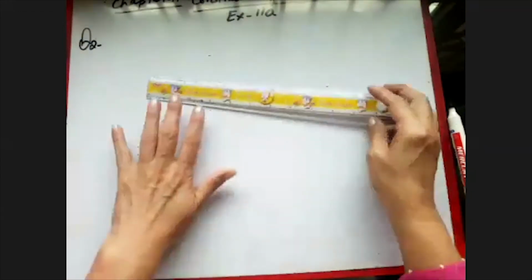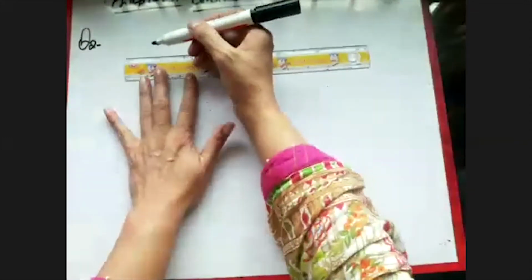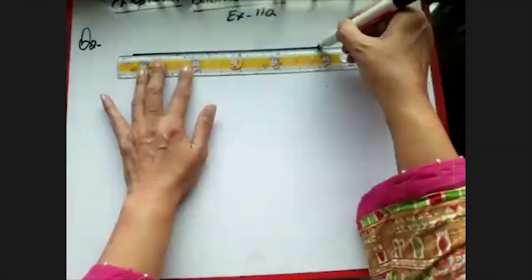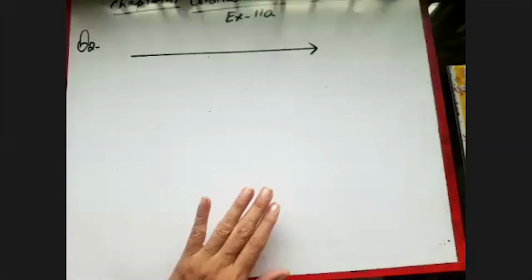So the line is there. First, you have to draw a ray with the free hand on the plain page of your notebook, because you have to take out the line AB from this ray, and you will name it as PQ.